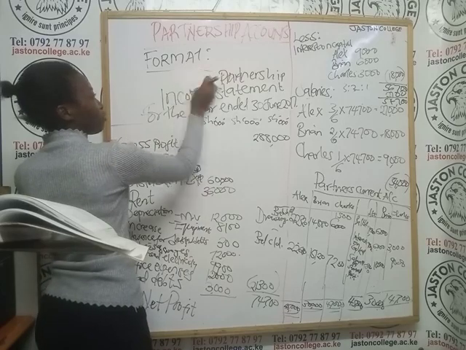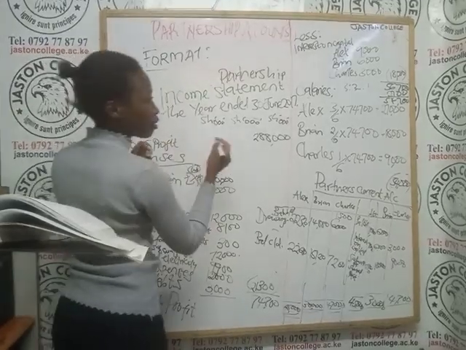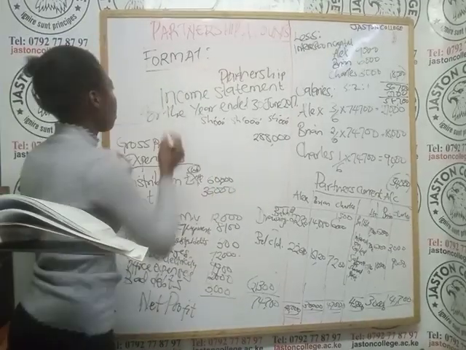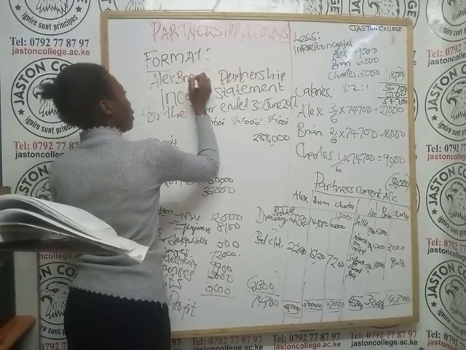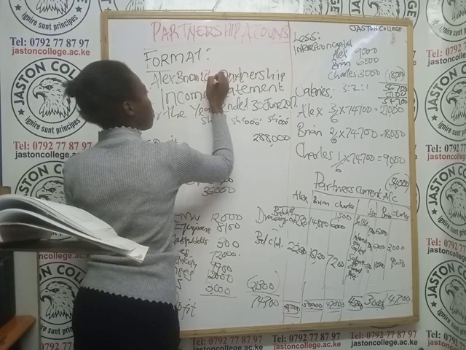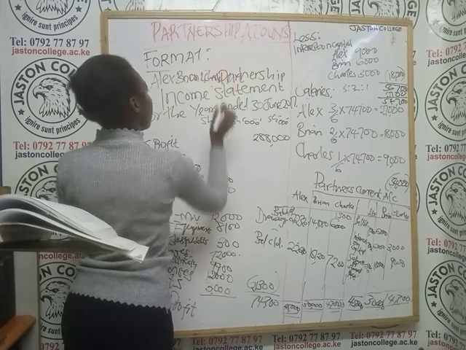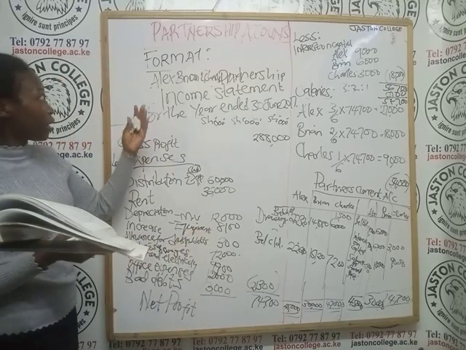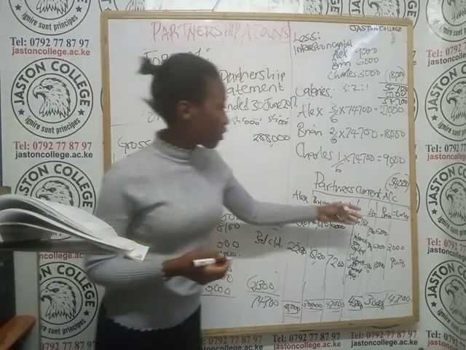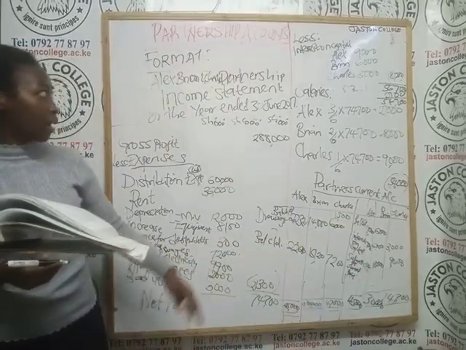And here we have the partnership: Alex, Brian, and Charles partnership. Yeah, so this will be our income statement and the partner's current account.